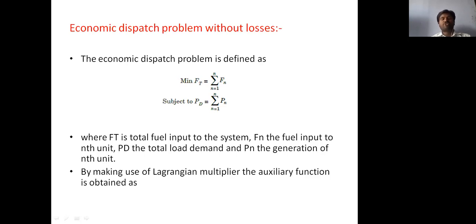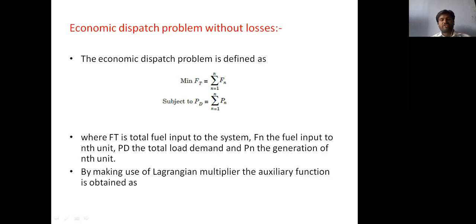The solution of the above problem can be obtained by the method of optimization of loading of each generator, with the inequality constraint PG minimum less than or equal to PGi less than or equal to PG maximum. This technique constructs an auxiliary function.